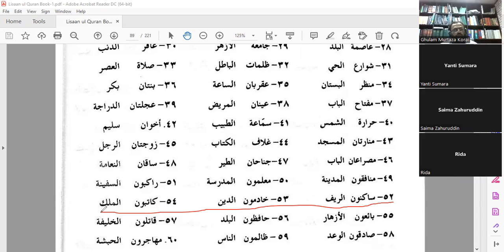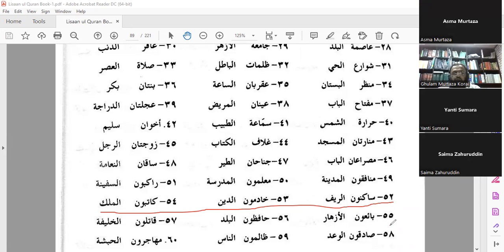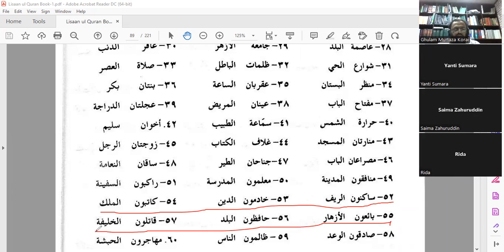Katibul Maliki. Okay, Asma, go from 55 towards 57. Hafizul Baldi, Qatilul Khalifati. Okay. Sister Sadika, from 58 to 60.